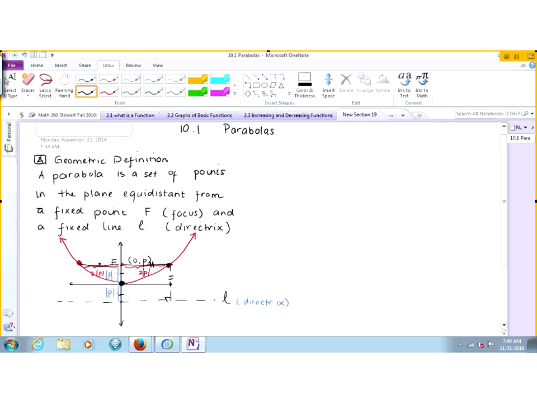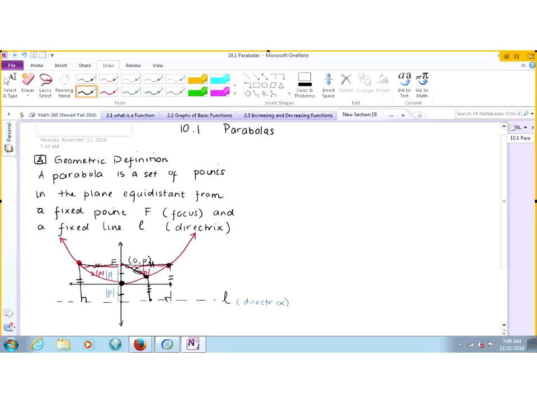So any point on your parabola has the same distance from the focus as to this line L. If you choose any point here, suppose I have another point here, then the distance from the focus to this point is the same as the distance from this point to the line. Any point on the parabola should have that property.